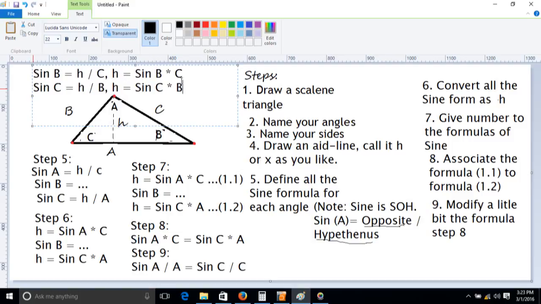So we change that, and now we can make the association. Sine B times c is equal to sine C times b, right?